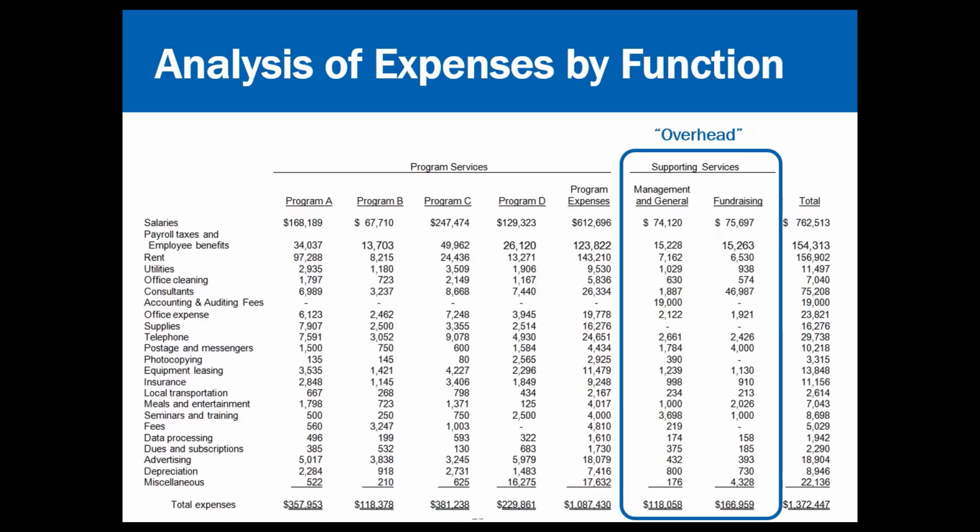So if we've not done this before, we sort of need to take a step back and actually come up with what the allocation methodology is going to be. Even if we've been reporting this way for a while, it may be time to refresh or refine our allocations.